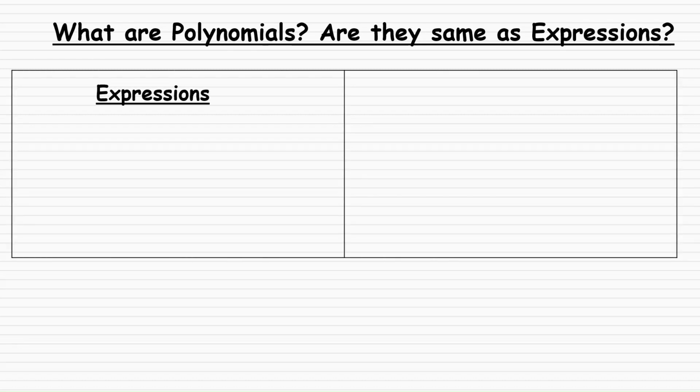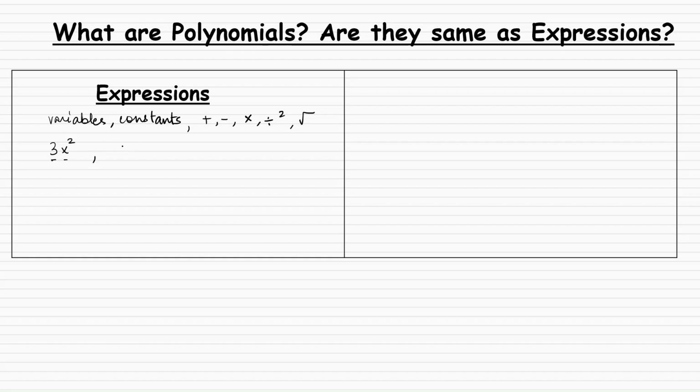Let's start with expressions. Expressions are combinations of variables, constants, and fundamental mathematical operations such as plus, minus, multiply, divide, squares, square roots, etc. For example, if I write 3x square, it is an expression because I have a constant, I have a variable, and then I have a square.